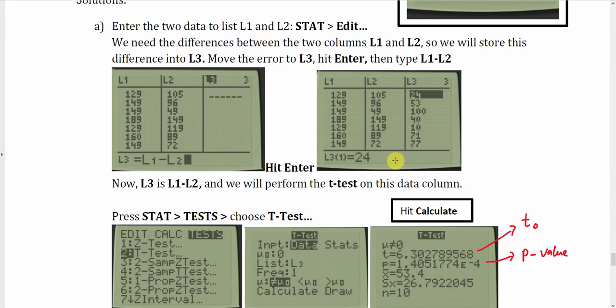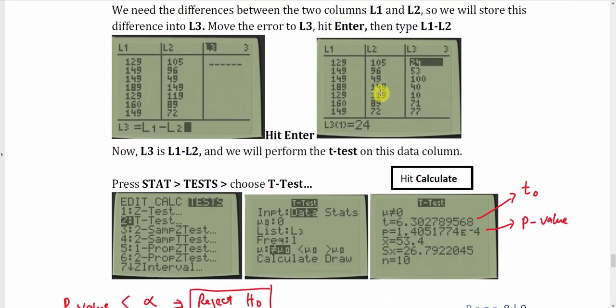Okay, so once you have the D, we can perform the t-test on this column, this data, because this is the student t distribution, so we can use the t-test. Now press start and you go to the test and choose the t-test.